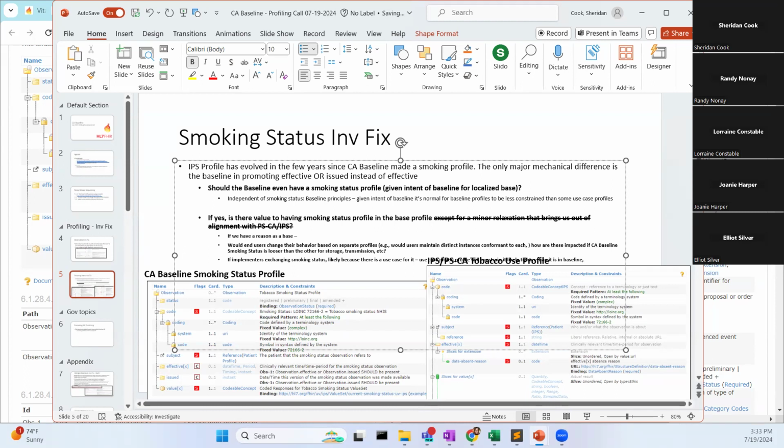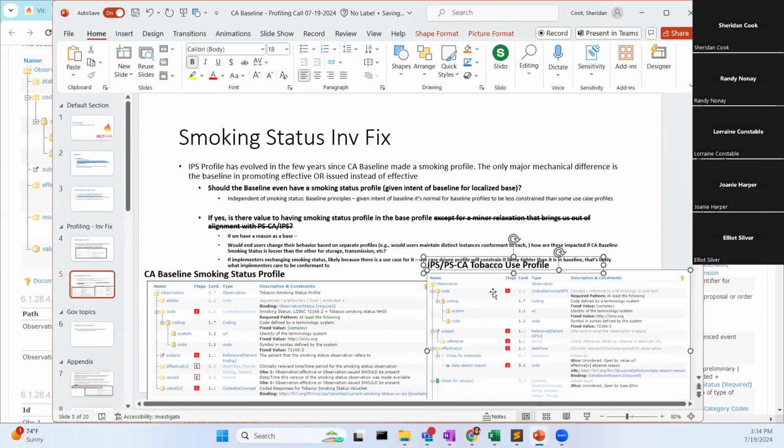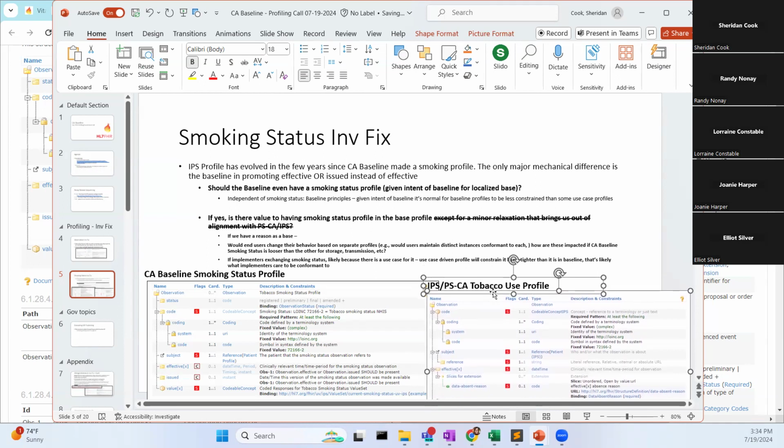I don't think we have enough experience to be able to say universally, this is how we want it expressed. And it puts us potentially in a position where we are conflicting with IPS or US core or Canada core or whatever.